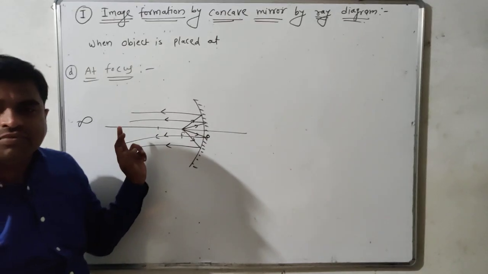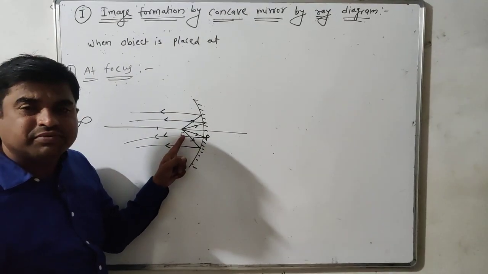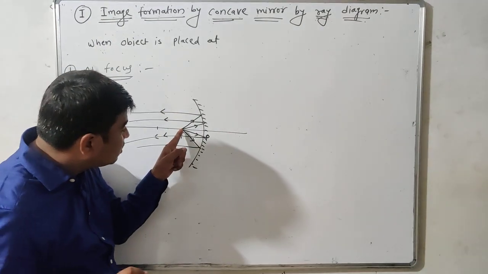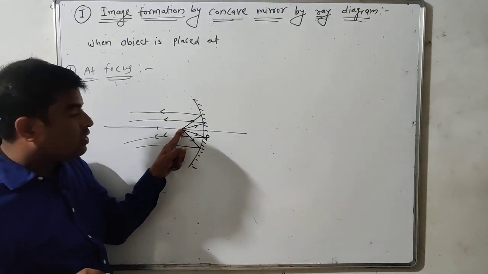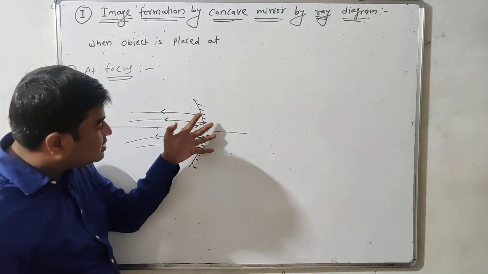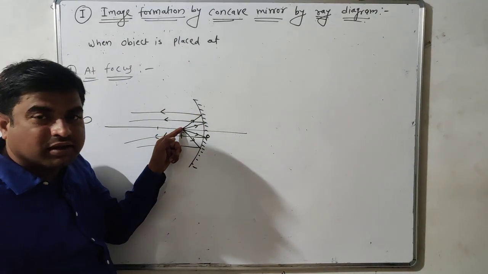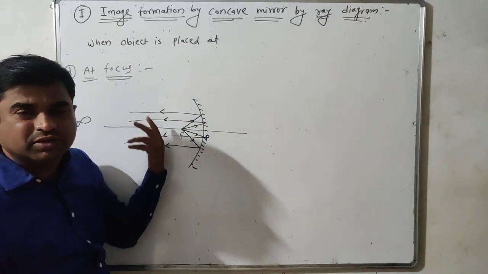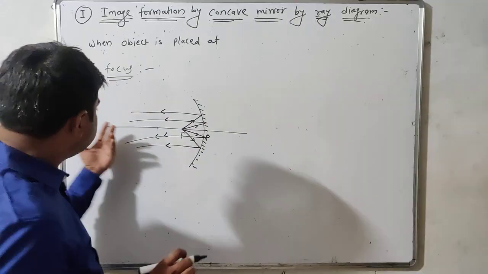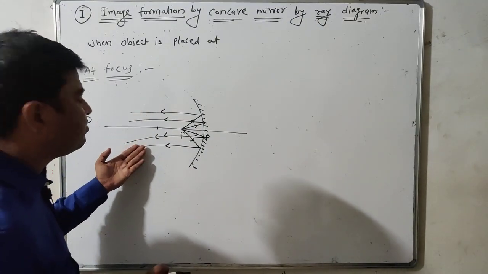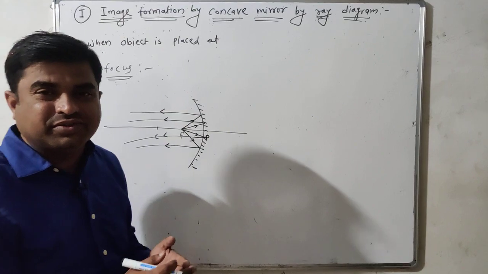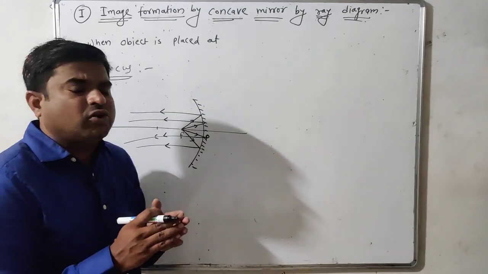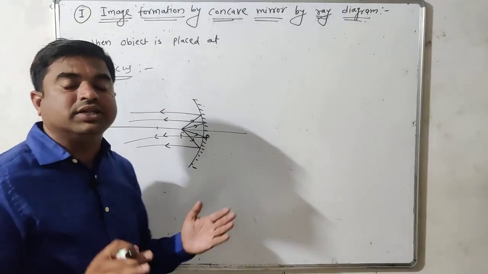Understand? If object is located at focus, then all the rays emitted by this object after reflection become parallel to each other, and as the rays are parallel, they never meet each other, and as they are not meeting each other, they do not produce any image.